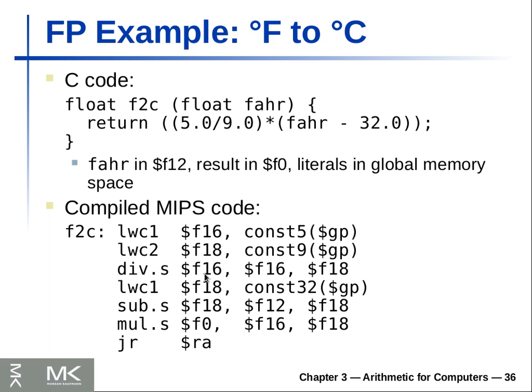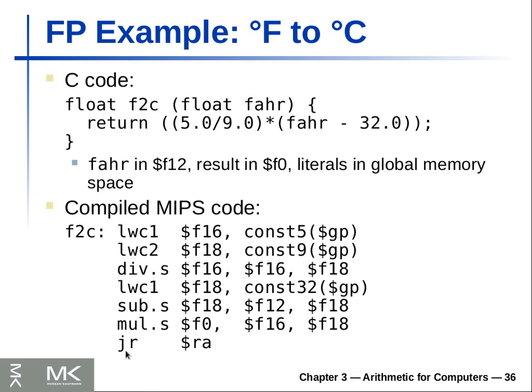Yes, that's where the program's data starts. Usually you store your literals, 5.0, 9.0, and 32.0, up in data, and they use your global pointer to point to there, and then you have some offset that is handled by the assembler, and it puts that in there for you. Great question. Any others?